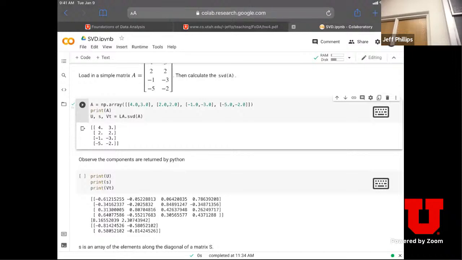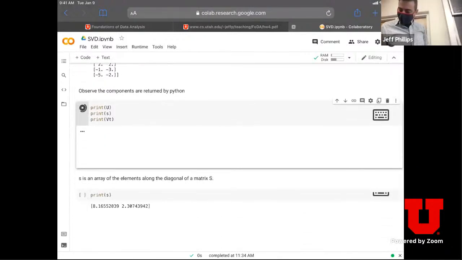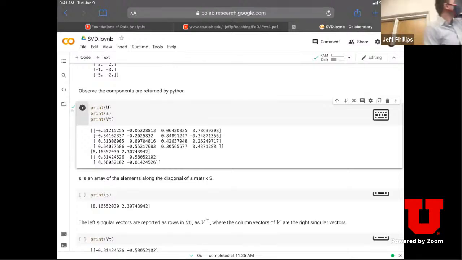U, S, and V transpose. I've written S as a lowercase s because its output is a vector by default. You only have a vector's worth of data, so it doesn't store the zeros. And if I print these out, you can see that U again is this full matrix. S is just a single row here, 8.1, 2.3, and V is a matrix.